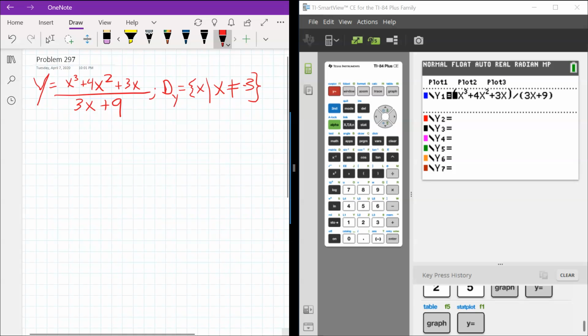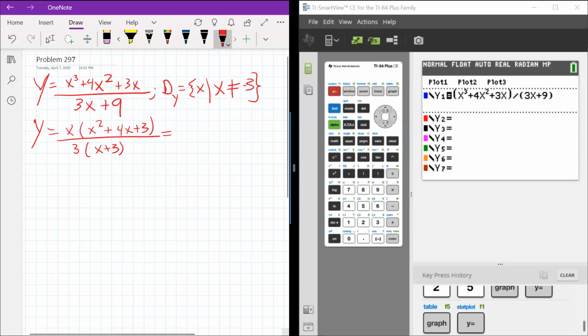Okay. Let's go ahead and factor this function in the numerator and the denominator. So in the numerator I factor out an x, leaving x squared plus 4x plus 3. In the denominator I'll factor a 3 out.